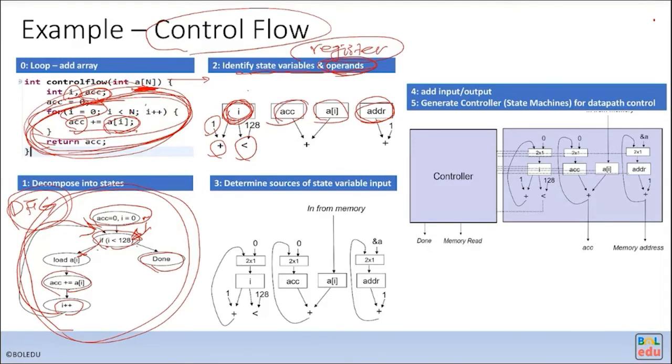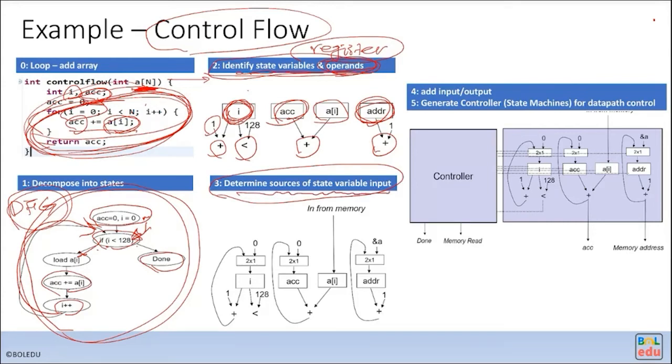Okay, for the accumulator, you need the adder. And for the address, because each time i will increment, the address will increment by 1 each time for each loop. So you define the state registers.